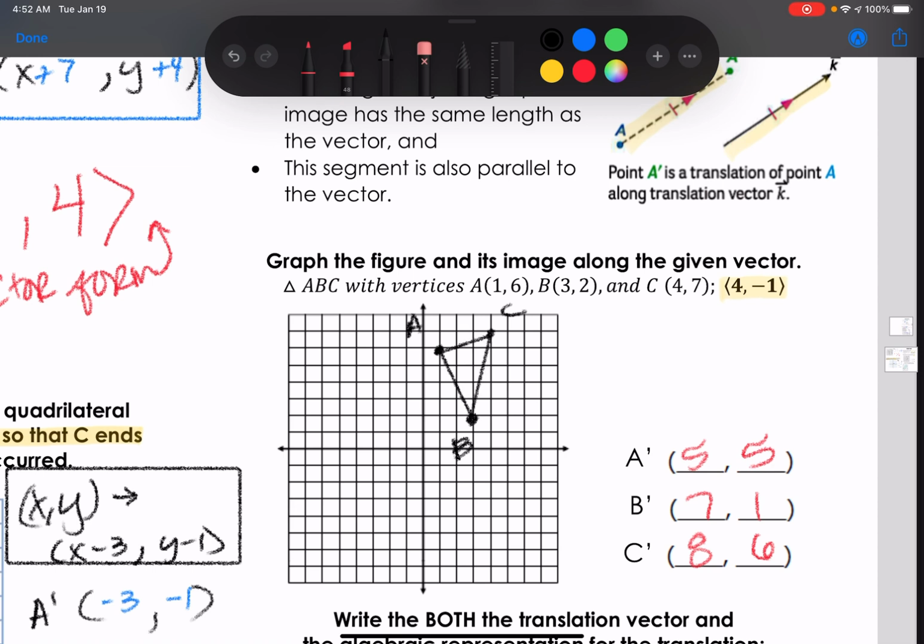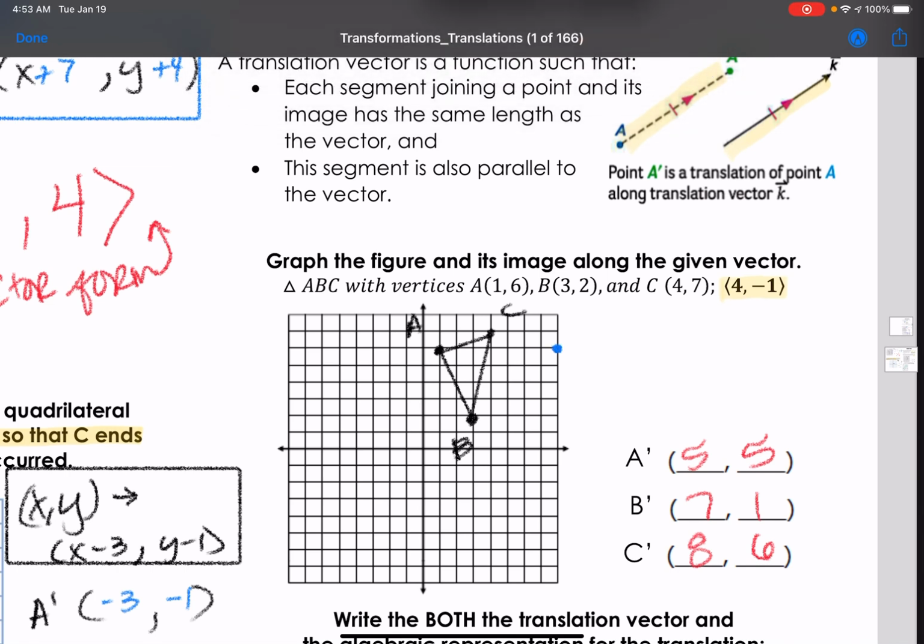Okay, so there's my pre-image. Okay, and here we're going to get our image down here. Notice I'm labeling it A prime, C prime, and B prime.